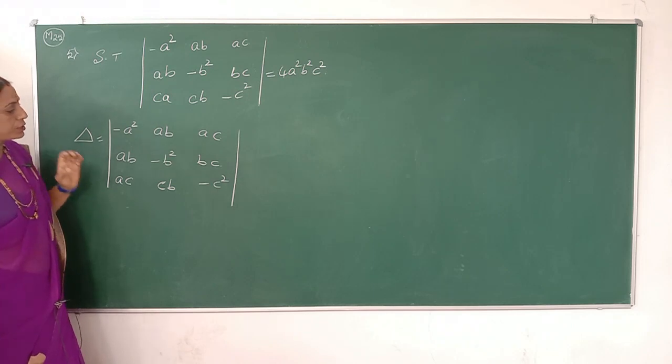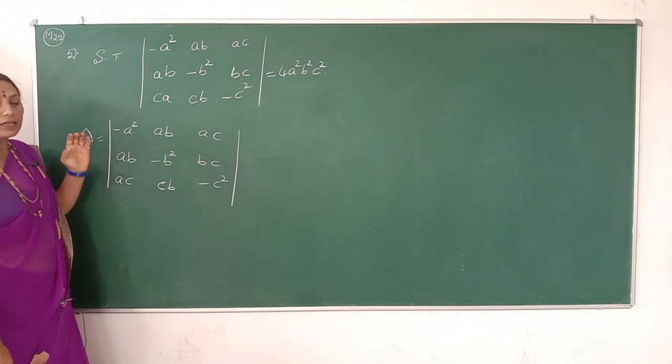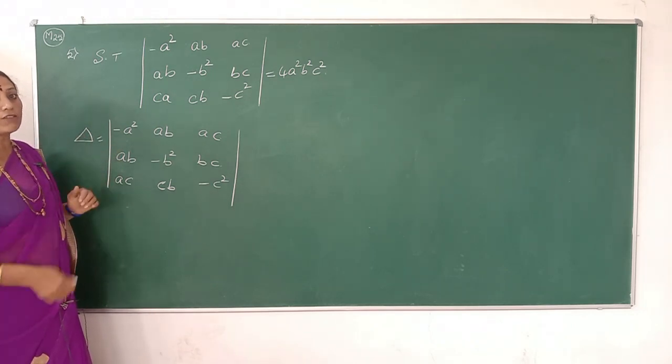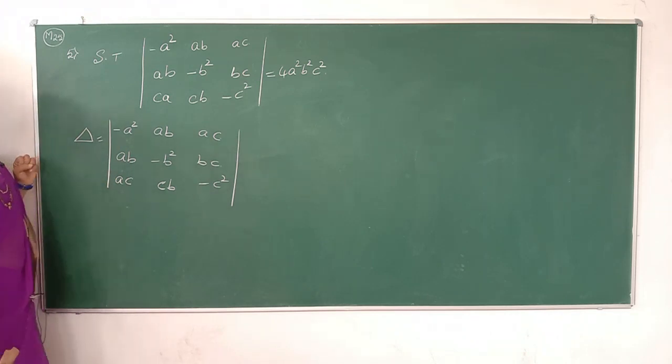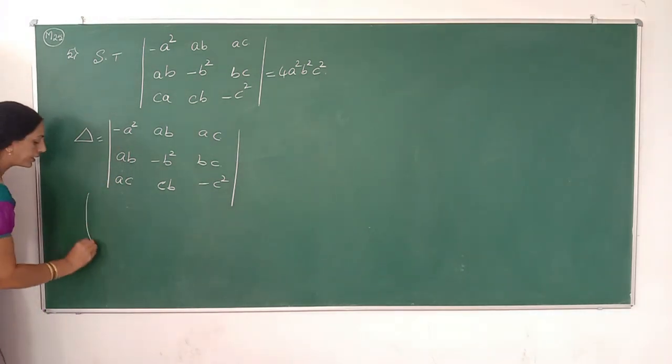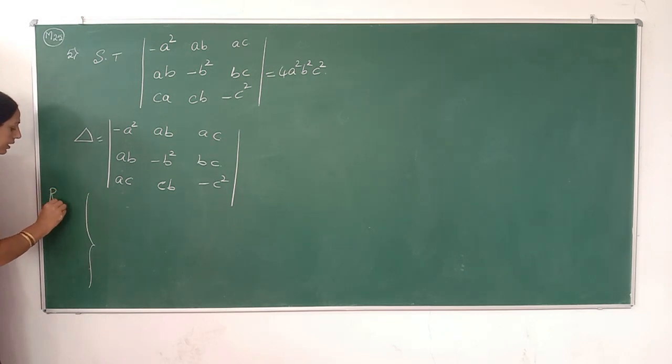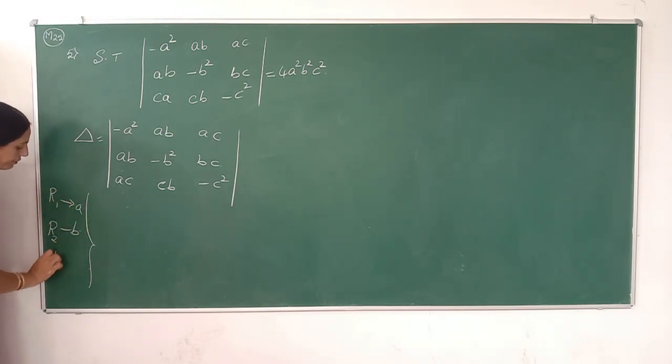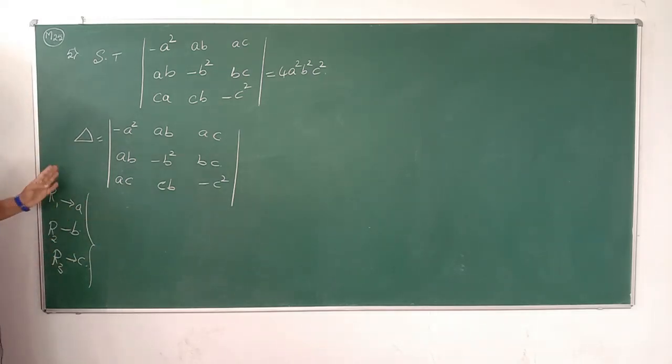Therefore, if either in a row or a column the elements have a common term, we can take it out as a common factor. So in R1, we get a as a common factor, in R2, b, and in R3, c. It can be either row or column; we take the common factor from any one of them.